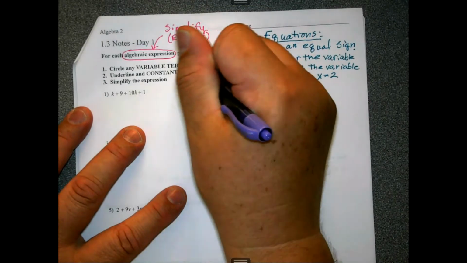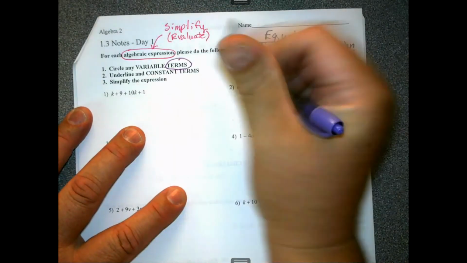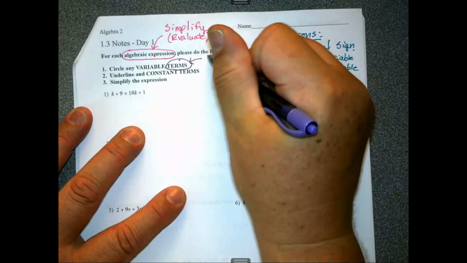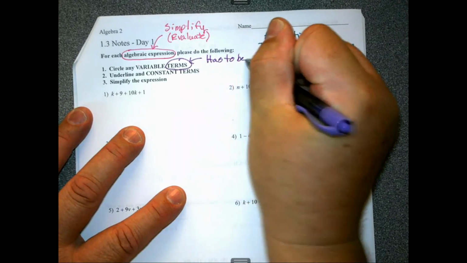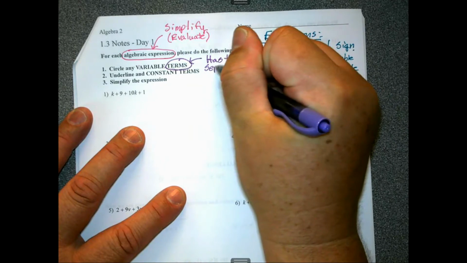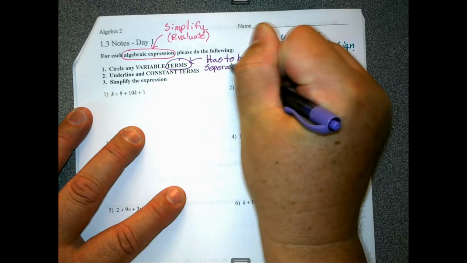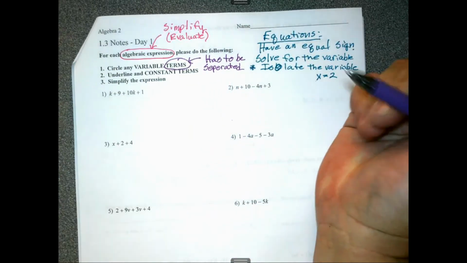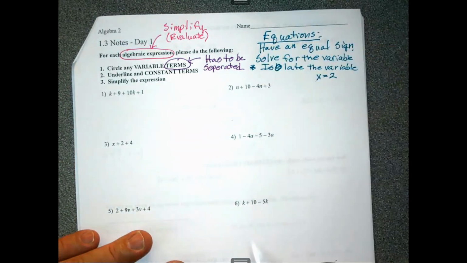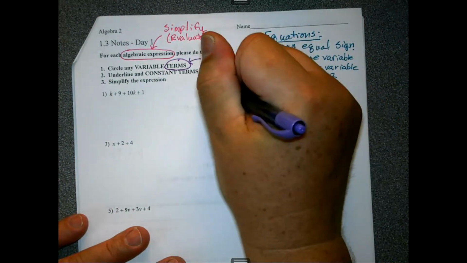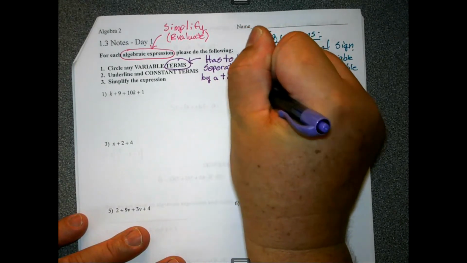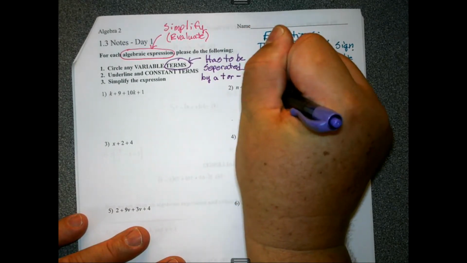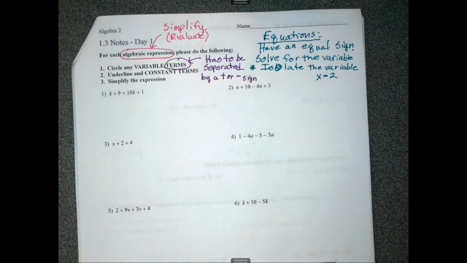Terms have to be separated, see, separated. That's why I became a math teacher, because I can't spell. Terms have to be separated by a plus or minus sign. I don't know if anybody ever told you that.